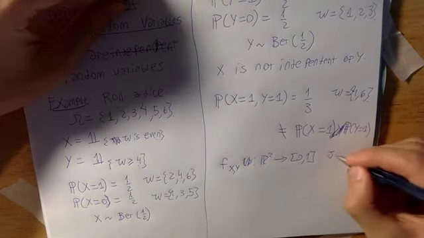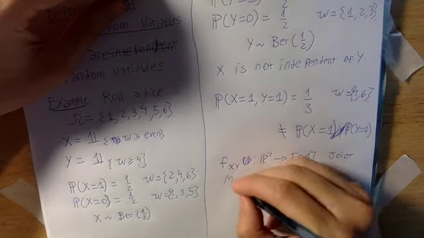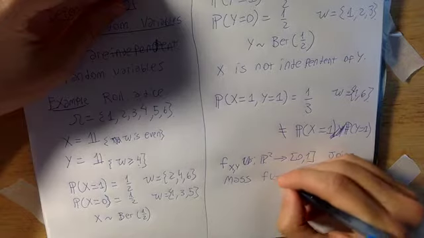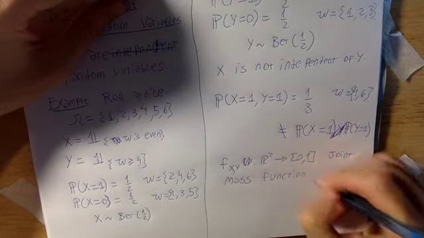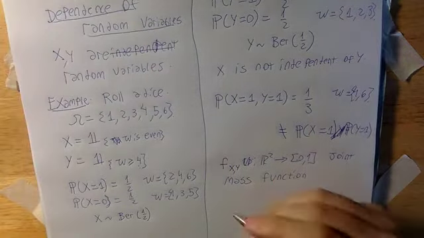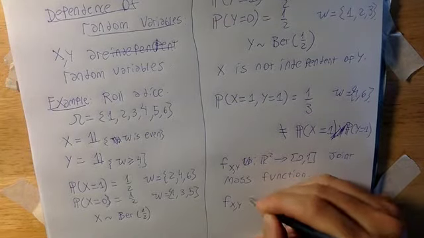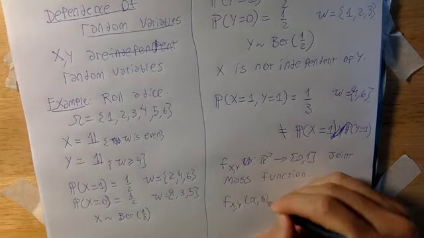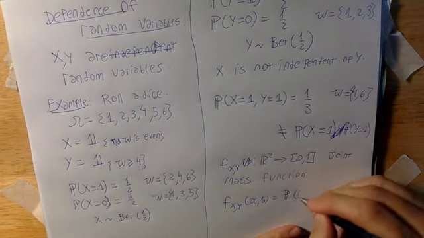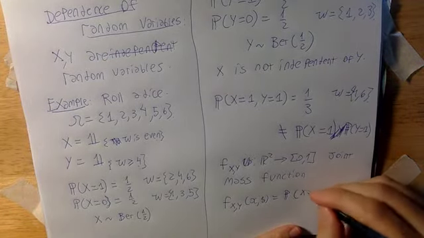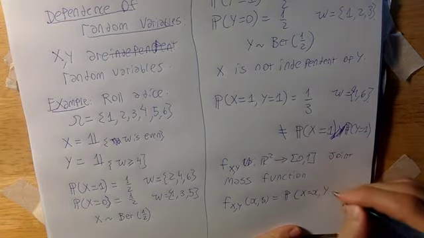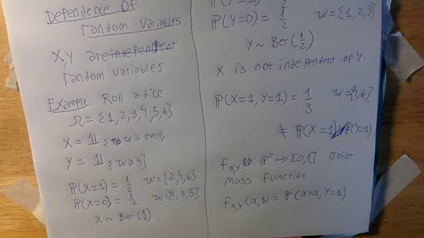This is the joint mass function, defined in such a way that f_{X,Y}(x, y) is the probability that X is equal to little x and Y is equal to little y.